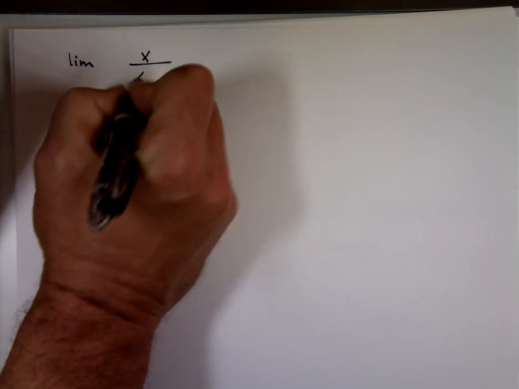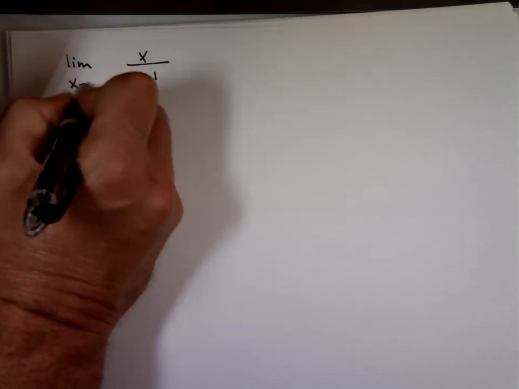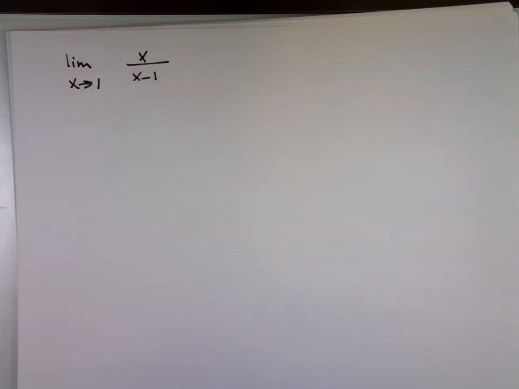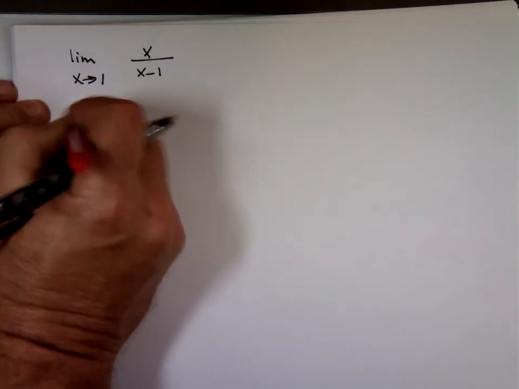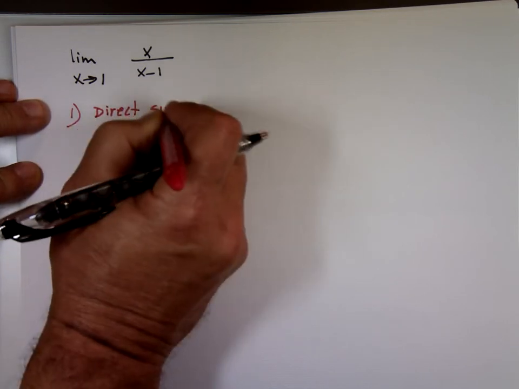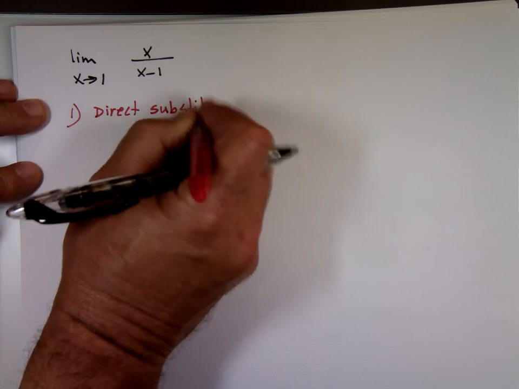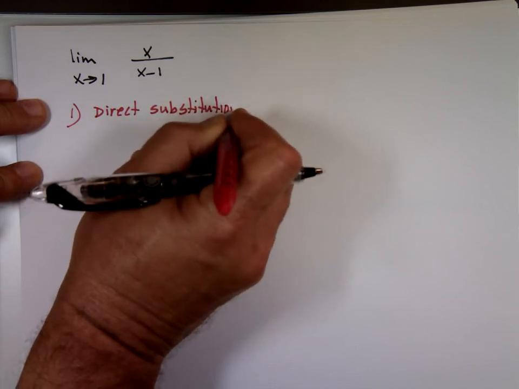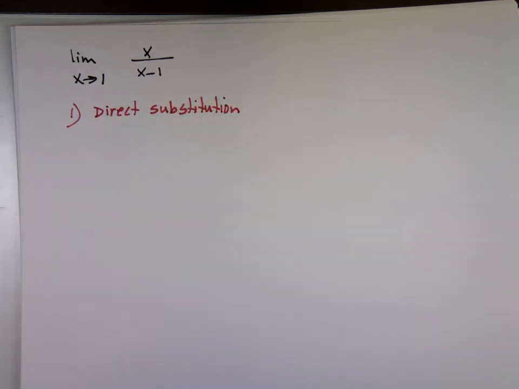Let me try another one where the limit does not exist. Let's take the limit of x over x minus 1 as x approaches 1. Again, what's the first step? Direct substitution. Try that first.